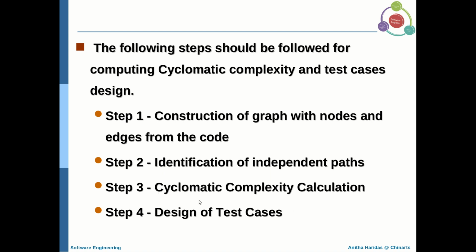Whatever metric value you derive in the cyclomatic complexity calculation, that many independent paths you must have. If the calculation is correct, then for each independent path you can design a test case. This is how we use the cyclomatic complexity to test the internal structure of a source code or a program code.